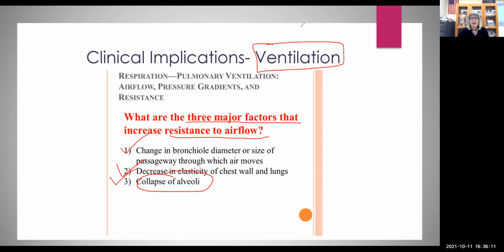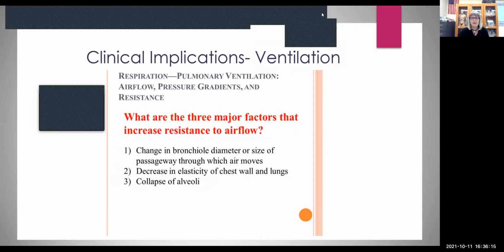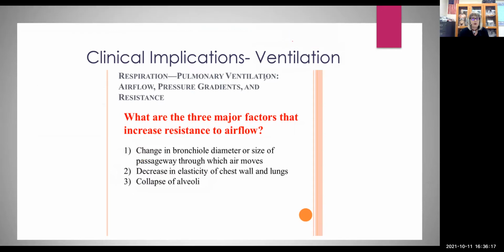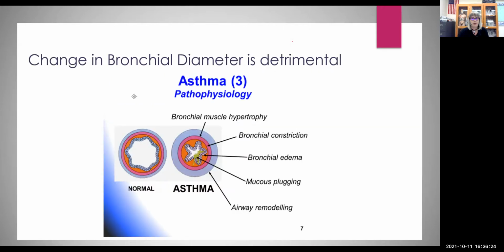All right, so basically I'm going to give you one example and then we'll end this presentation. Let's show you. Asthma. So asthma is where we have the bronchial constriction, and we also have bronchial edema with mucus plugging up so less air can flow in.